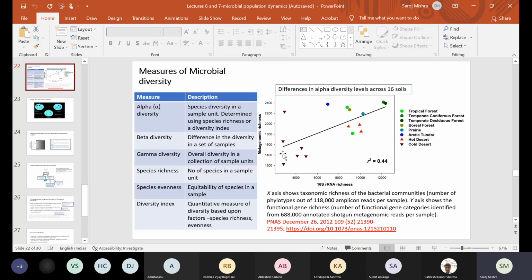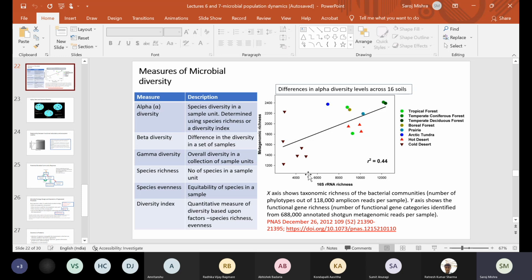So the data collected is, for example, the inverted triangles here, which are the soil samples taken from the cold desert. Similarly, the red triangles are the soil samples taken from a hot desert, and so on and so forth. All of these symbols are explained here. What you find is that in this community, if you look at the cold desert, they couldn't measure more than 5,000 different types of species.